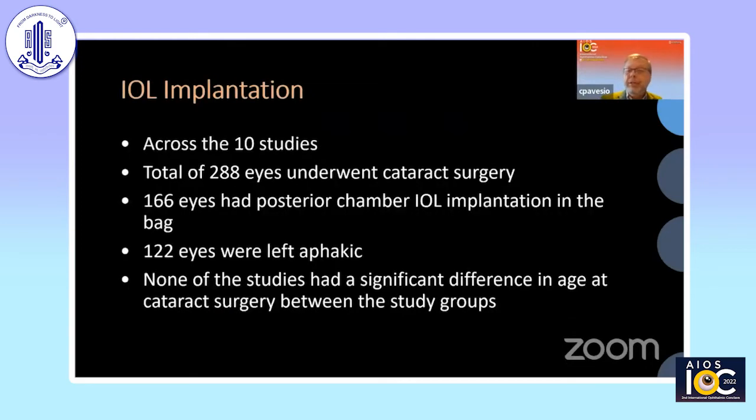And across 10 studies, this is specifically focusing on the intraocular lens scenario. A total of 288 eyes underwent cataract surgery, 166 of them had posterior chamber intraocular implantations, and 122 were left aphakic. None of the studies had significant differences in age and cataract surgery between the study groups.